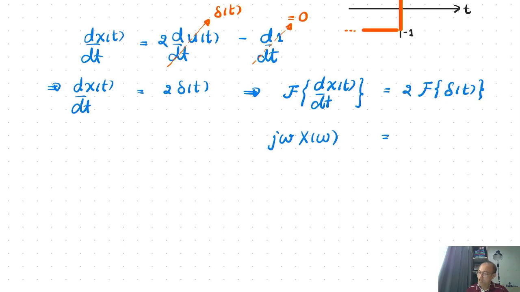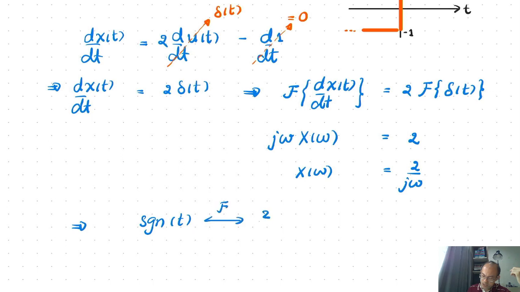On the right-hand side, the unit impulse has the Fourier transform of 1, so the right-hand side is 2. That means X(omega) is 2 over j omega. But X is the spectrum of the signal, right? So the signal has the Fourier transform of 2 over j omega.